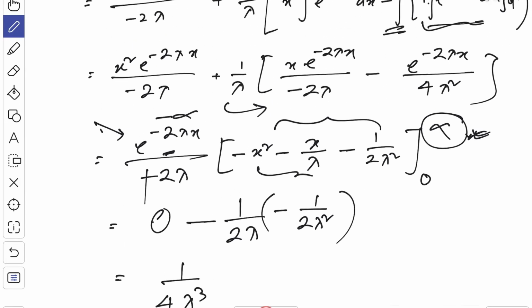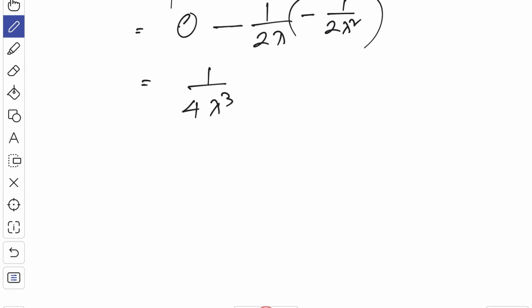So here you see, as I have already shown you, this is nothing but 0 to infinity, twice a square, x square e to the power minus 2 lambda x dx.